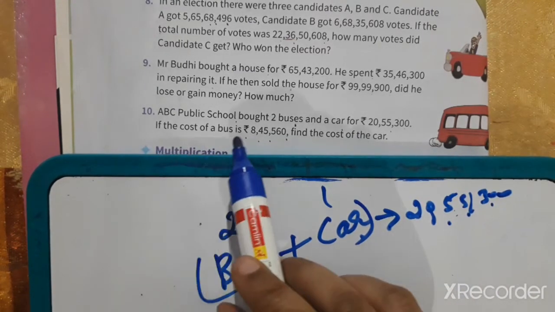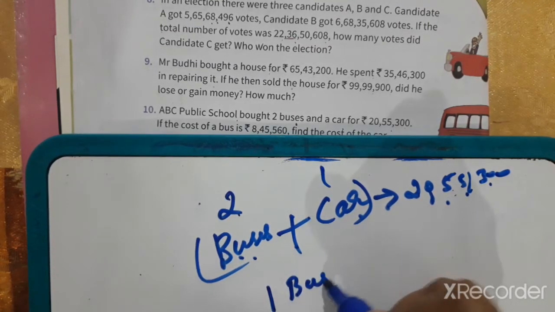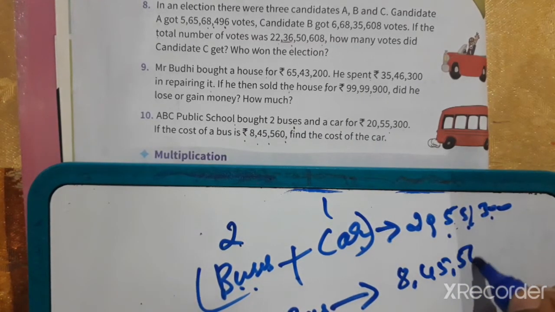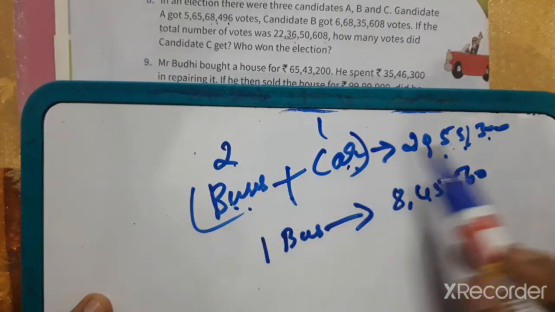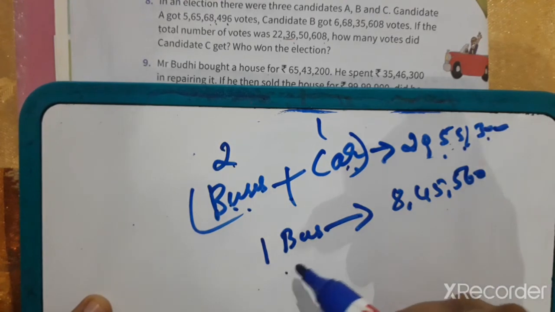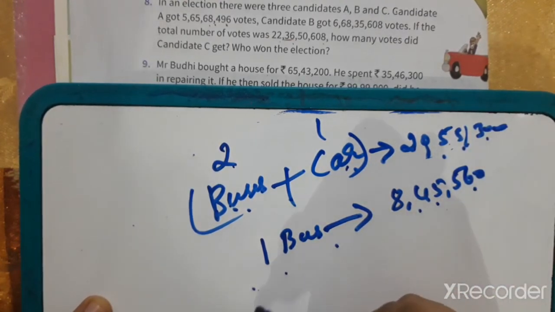Then the cost of a bus means 1 bus. Cost of 1 bus is 8,45,560. So here a school bought 2 buses and 1 car. Total cost is 20,55,300, and cost of 1 bus is 8,45,560. So what is the cost of 2 buses?